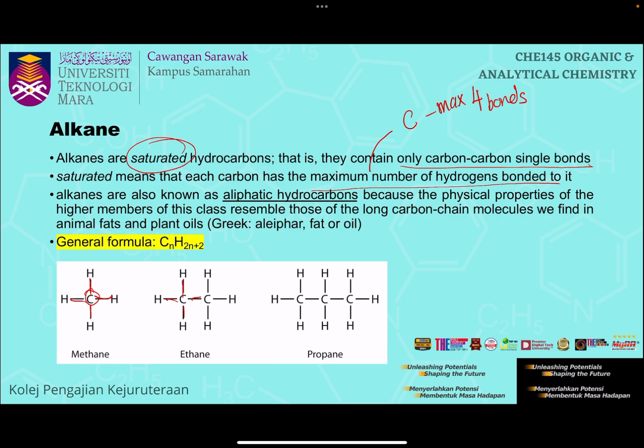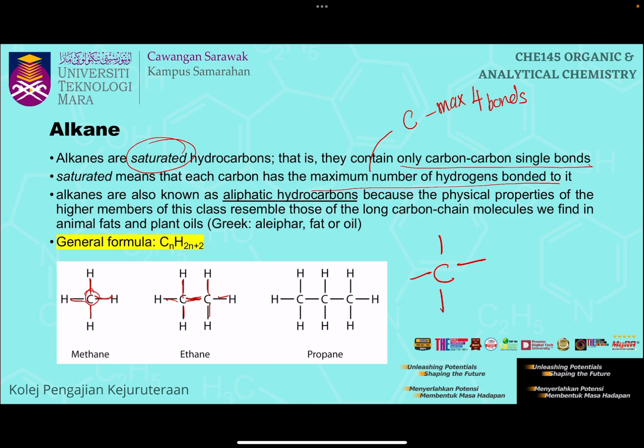That is what it means by saturated. Sometimes it can also be carbon-carbon, but in conclusion, each carbon atom can only accommodate a maximum of 4 bonds. It can be with hydrogen, with another functional group, or carbon-carbon, but the total must be 4.